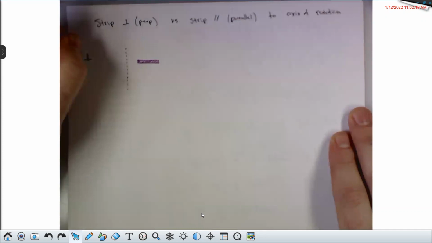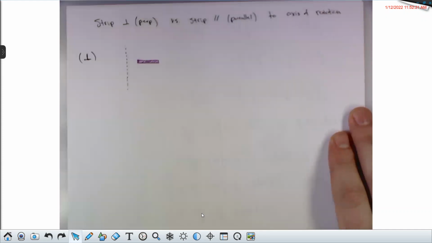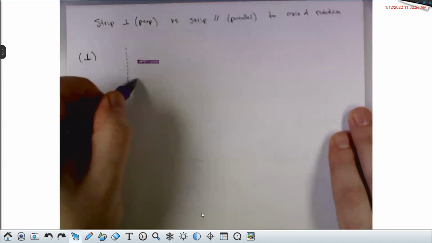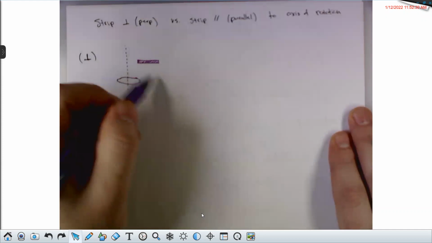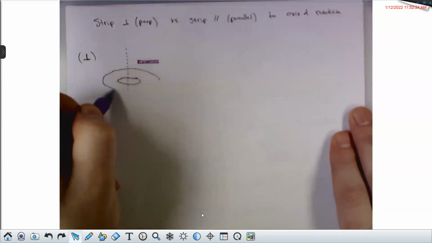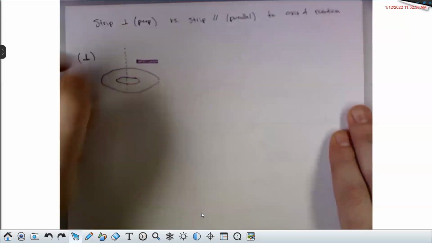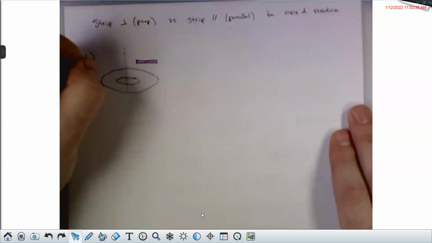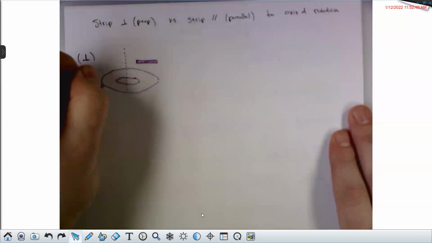So if the strip is perpendicular to the axis of rotation, then the solid which is generated when you rotate just that strip will be a little washer. And this is what we've been seeing so far, because so far we've used just the disk washer method.